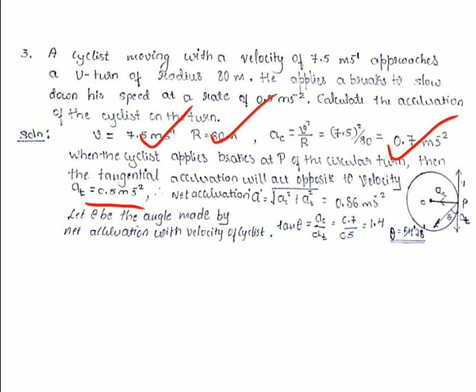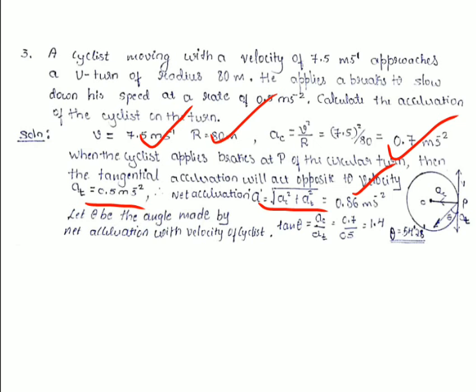So calculate the net acceleration. This value is A, the resultant acceleration, which makes an angle theta. So the net acceleration is the square root of a_c squared plus a_t squared. If we substitute, we get the value as 0.86 meter per second square.